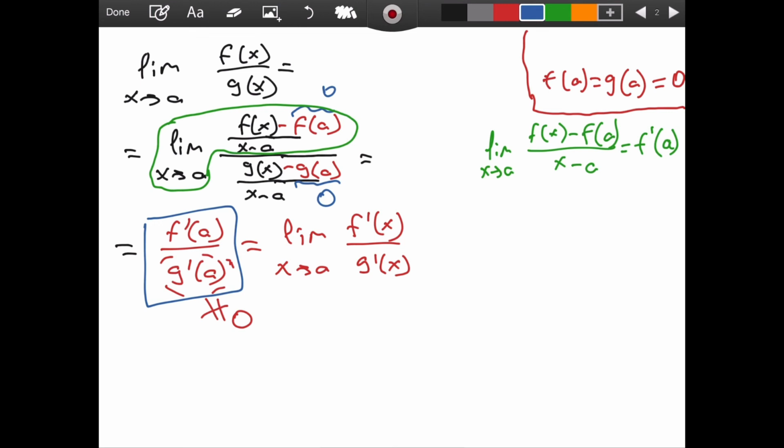This might be an indeterminate form. In that case, you would need to use L'Hopital's rule again. And what you do is you simply take the second derivative of your functions and look at their quotient. If it is still in the indeterminate form that we are able to use, take it again, and again. And at some point, you will arrive at your answer.